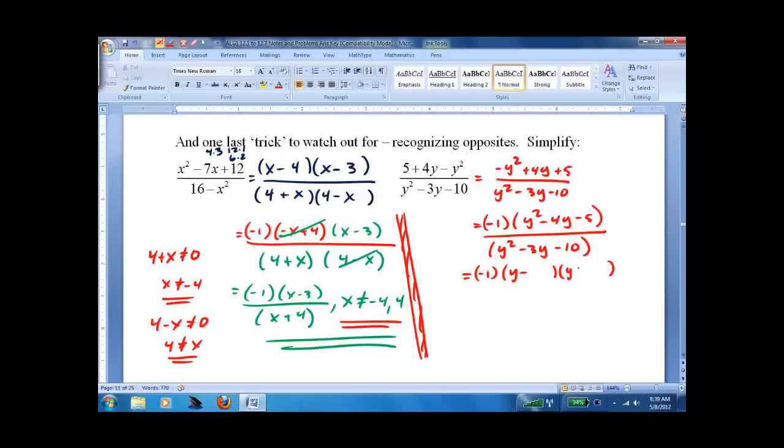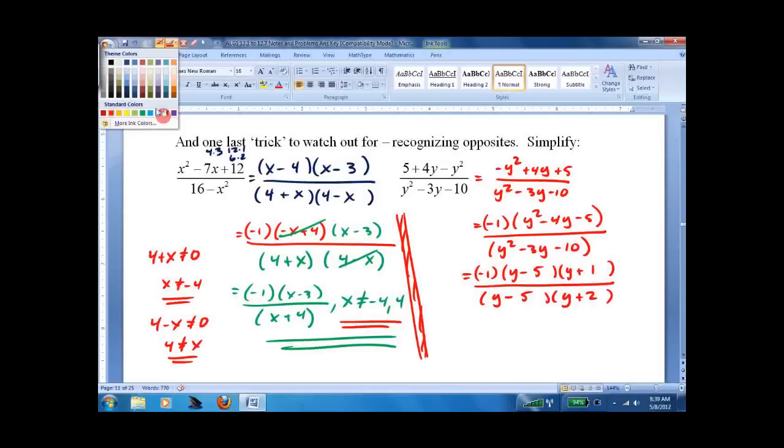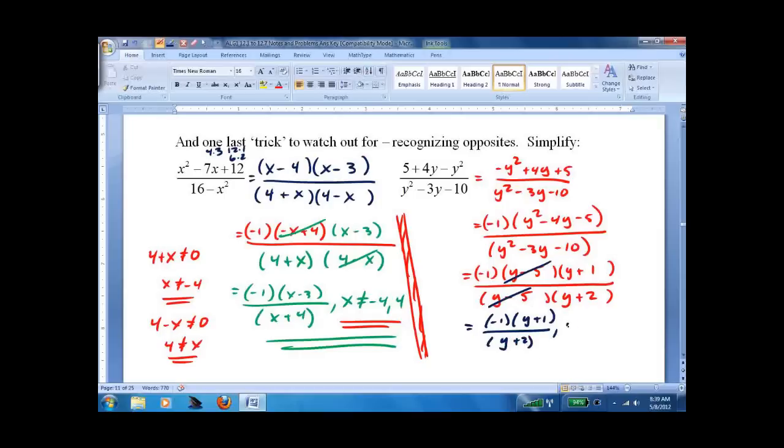Y minus, y plus, 5 and 1. Minus, plus, 5 and 2. Y minus 5 cancels. I get -1 times y plus 1 over y plus 2, y cannot equal 5, -2.